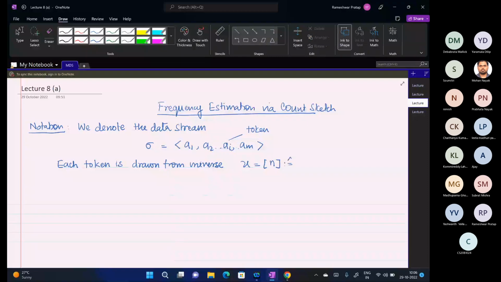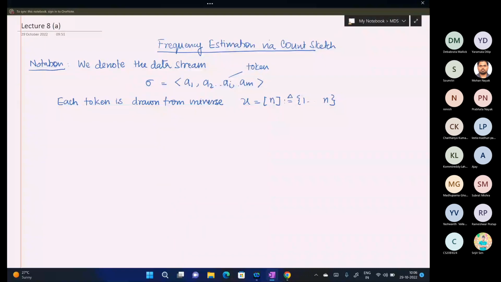So you can think of the elements in the data stream as numbers from 1 to n, that is, each Ai belongs to [n].